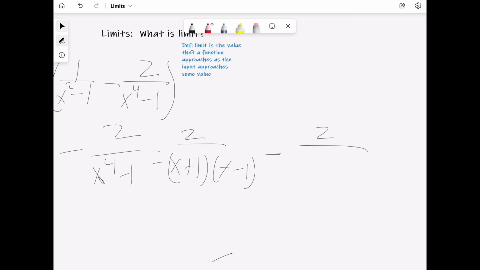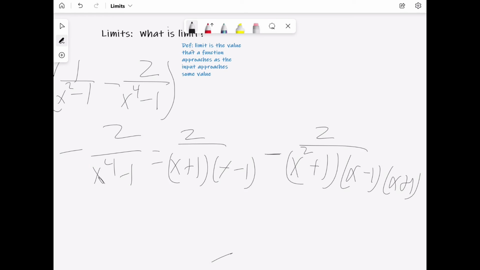Let's factor x to the power of 4 minus 1. I'm pretty sure that is x squared plus 1 multiplied by x minus 1 times x plus 1.